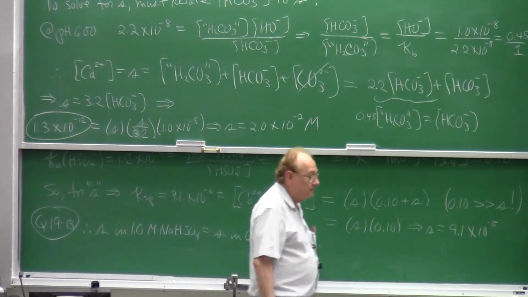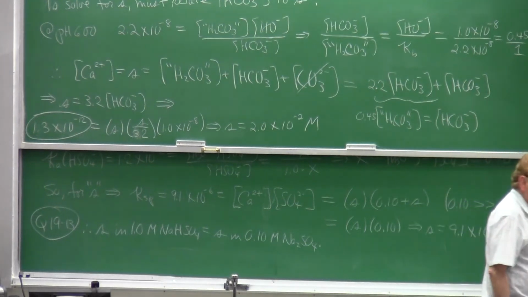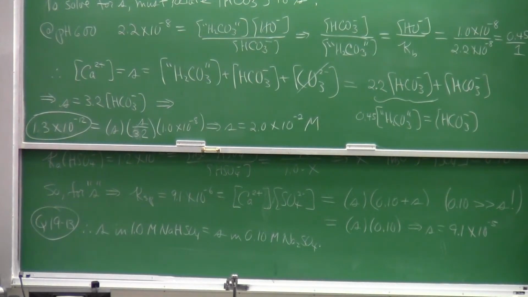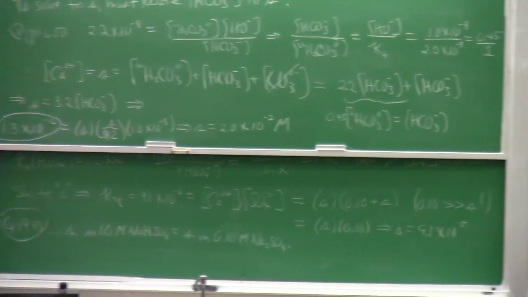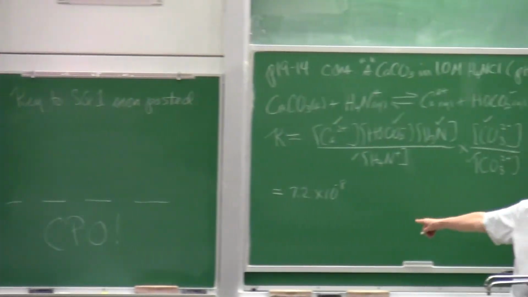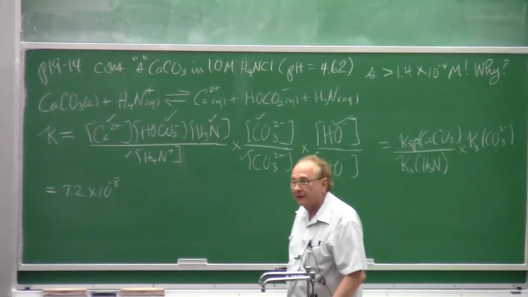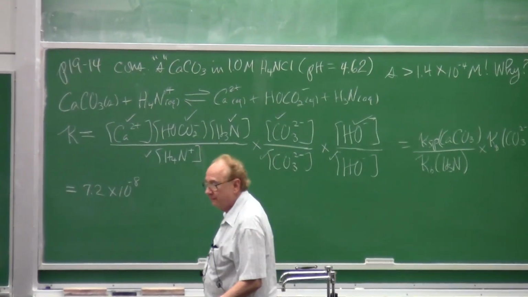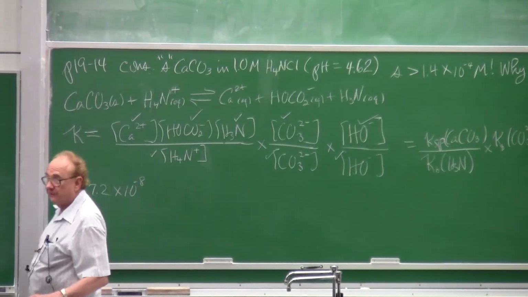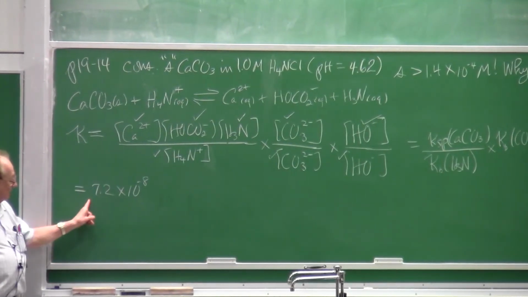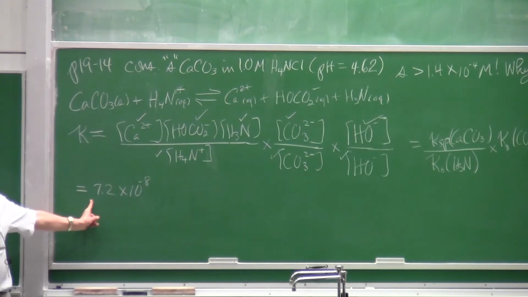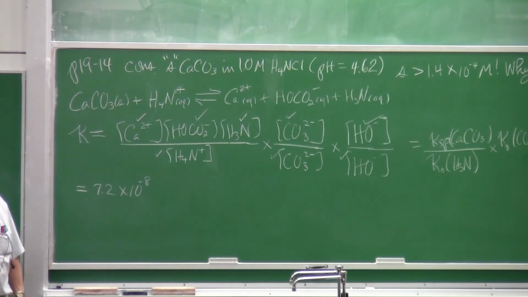This number reflects the equilibrium established when calcium carbonate reacts with ammonium ion, which guarantees, since ammonium ion is a stronger acid than water, that this K has got to be bigger than that K. We've seen that. Now let's take a look at the magnitude of the K itself. Does this K suggest that I can effectively dissolve calcium carbonate by hitting it with ammonium ion?